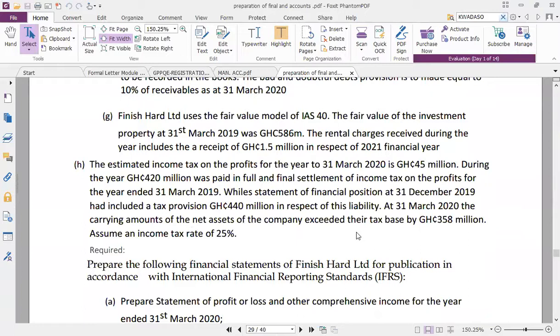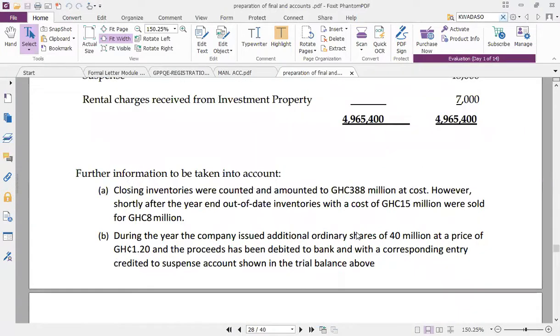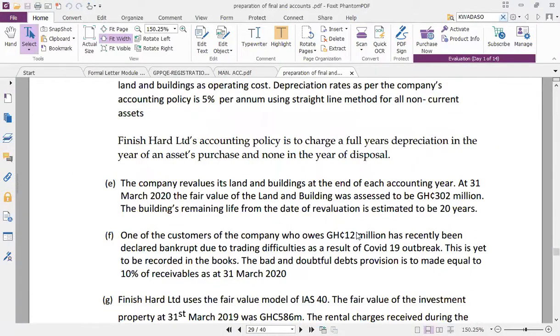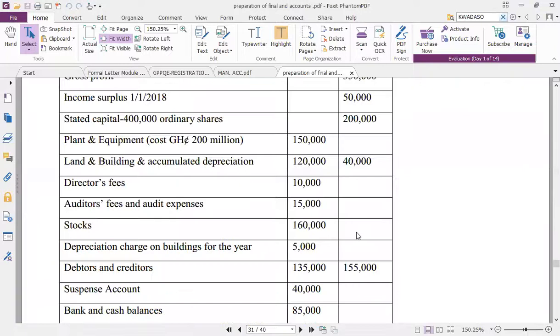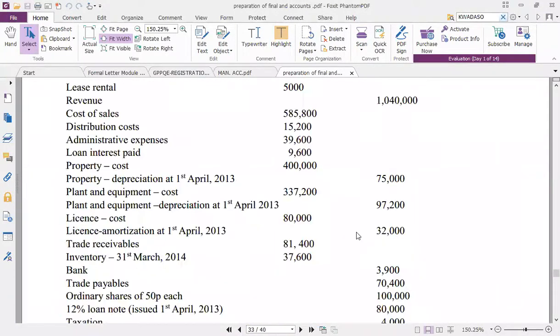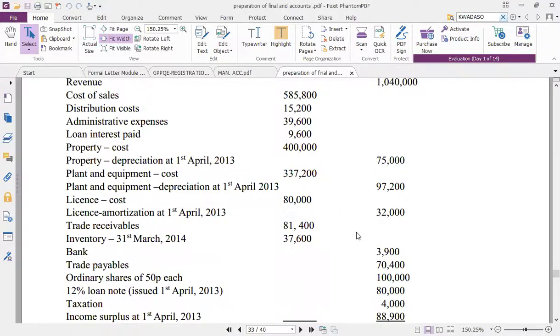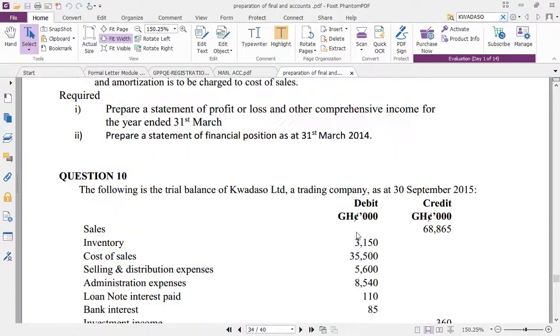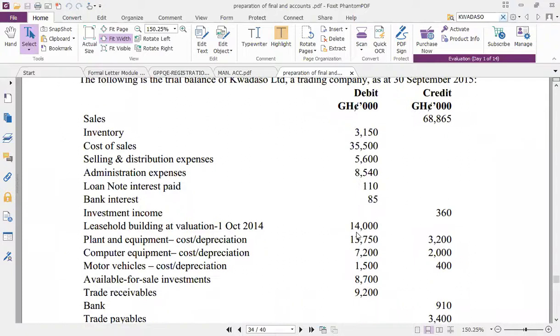From there you go to 6 and 7, solution available. Then question 9, then question 10. This one says video available to the solution. So basically all of them have solutions.